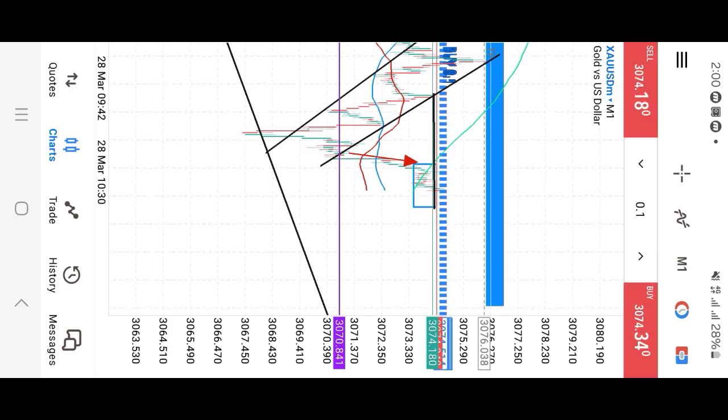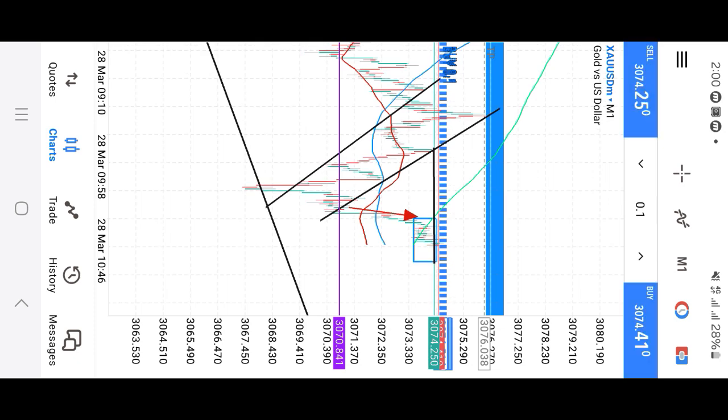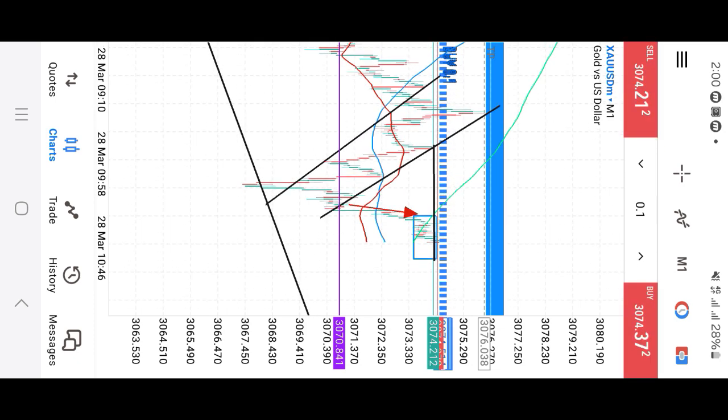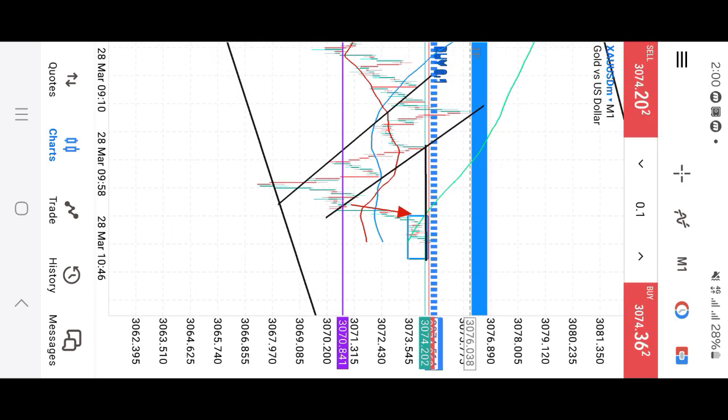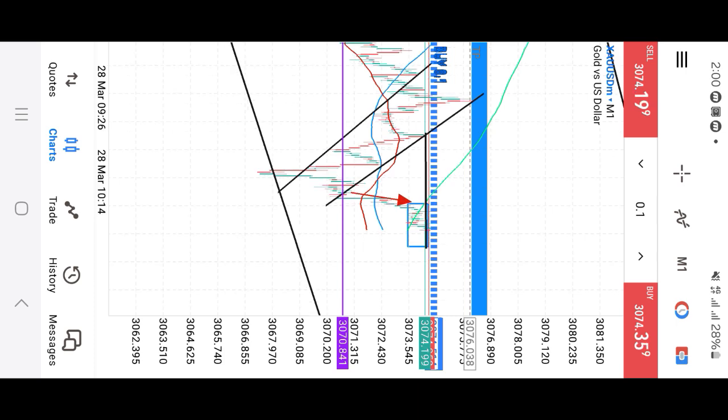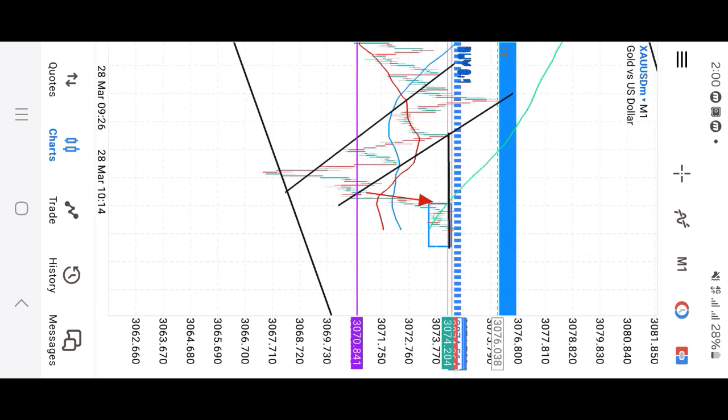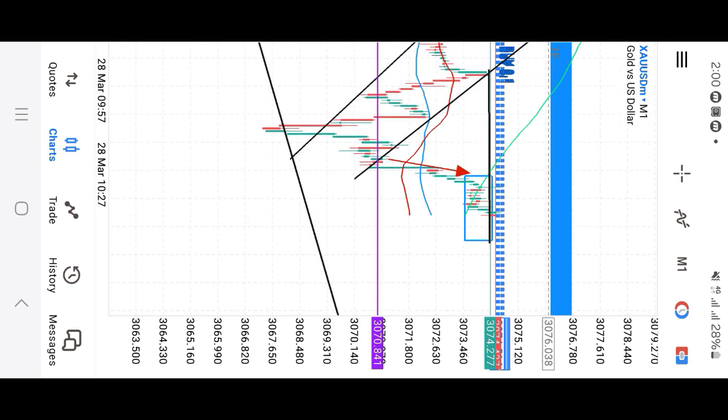Oh. If price goes down too much, I will close. I will chop, yes. But if price goes up, I will take my profit.